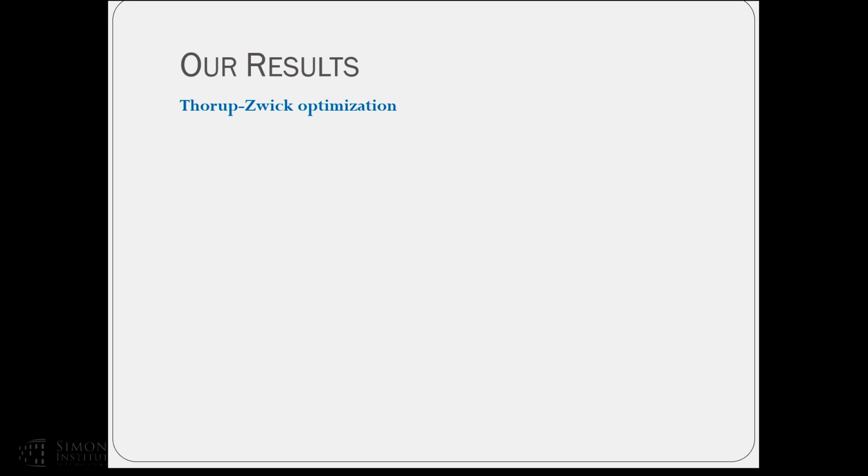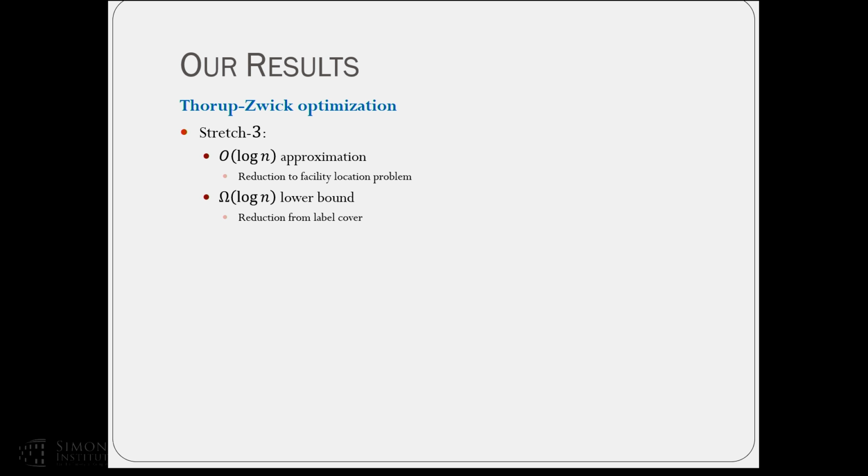For the throughput optimization problem in the stretch 3 case, we give a matching upper and lower bound of log n. The upper bound is from a reduction to the classic facility location problem, and the lower bound is a reduction from a hard label cover instance, which is derived from the parallel repetition theorem.